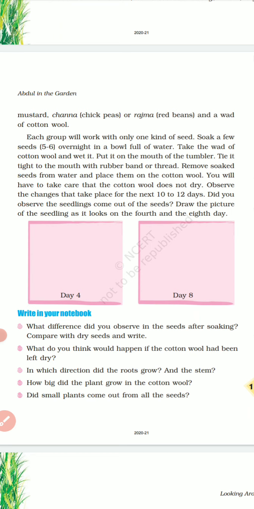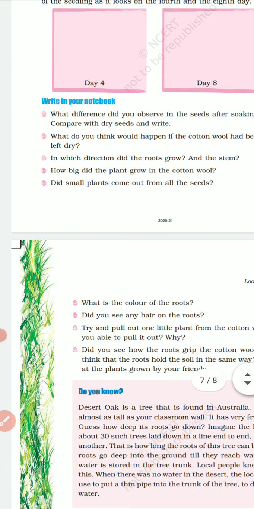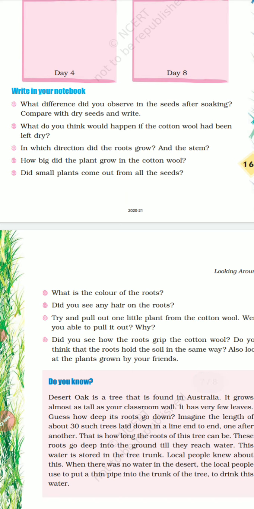In which direction did the root and the stem grow? How big did the plant grow in the cotton wool? Did small plants come out from all the seeds? Those are all the questions you have to answer, children. All right. What is the color of the roots? That also. So after my video you have to write all the answers in front of the textbook only.